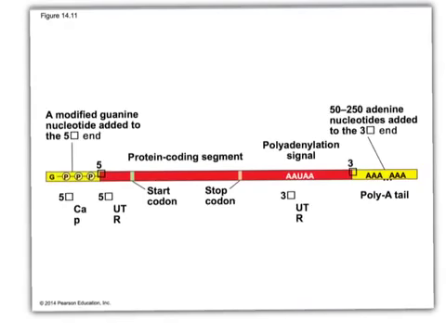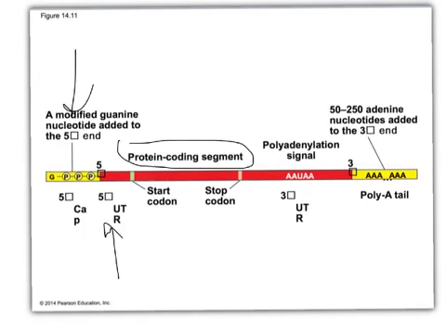Here's your pre-spliced transcript. It has the 5' methyl cap, a modified guanine nucleotide. But here's your protein coding sequence. Part of it is a UTR, which means untranslated region. You have a 5' UTR and a 3' UTR.